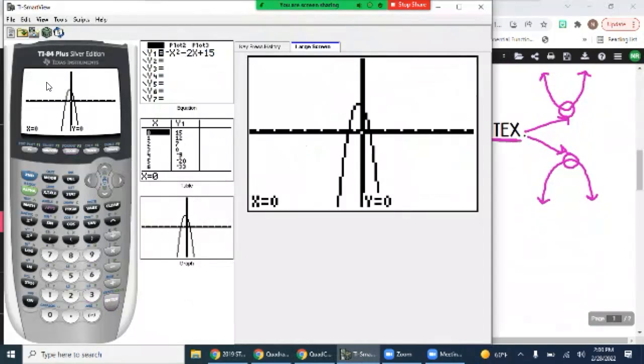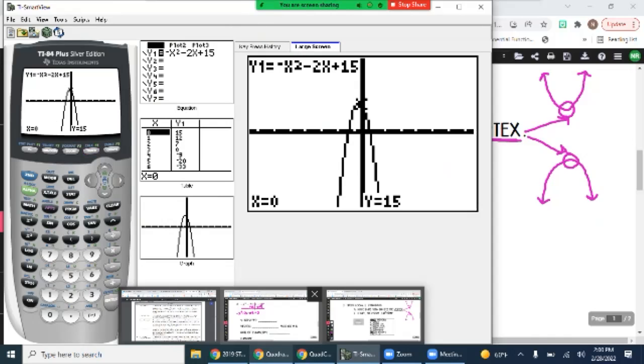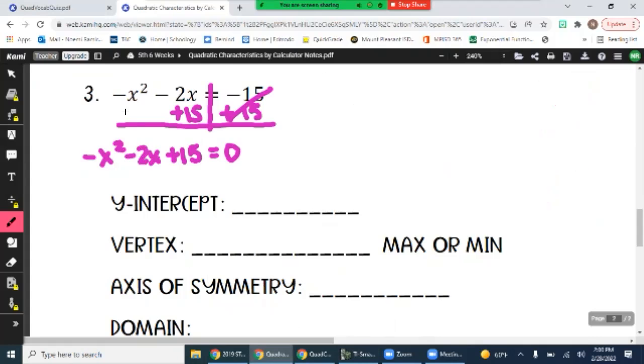Okay, so what do I press next? Trace. And the first number that pops up is my y-intercept. So 0, 15. Once again, there's my 15. All right. Now, before I actually try to find the vertex, I have to do what?